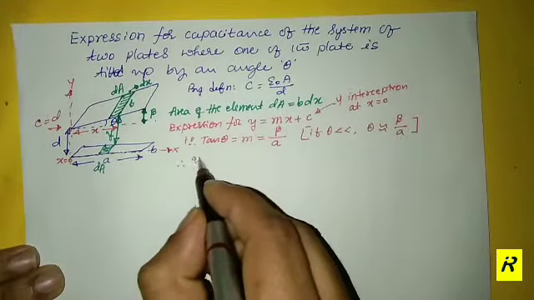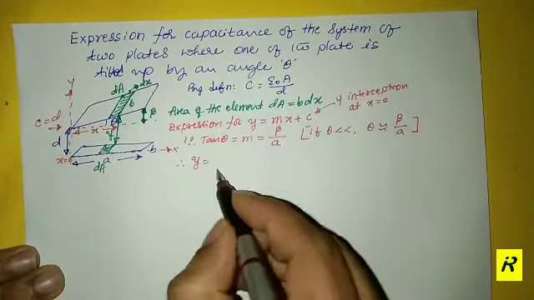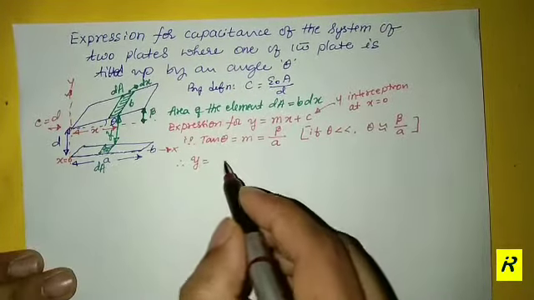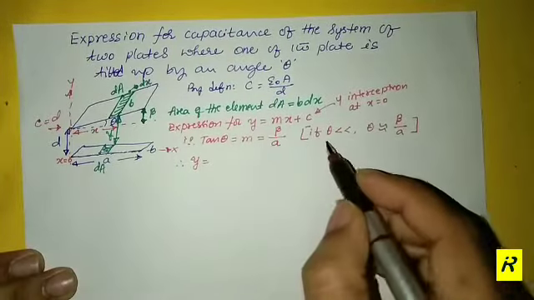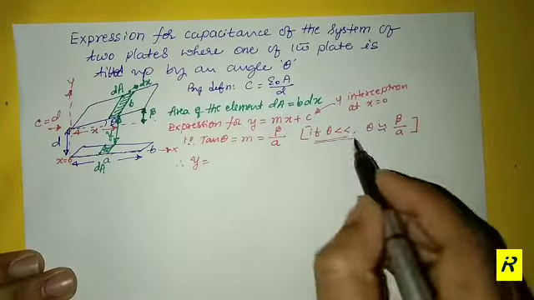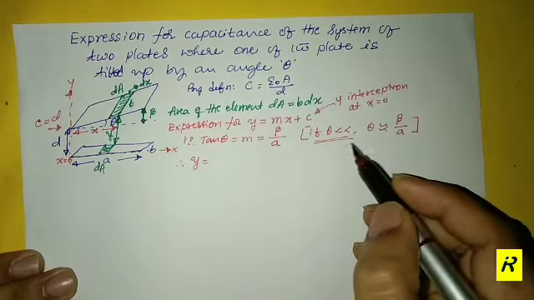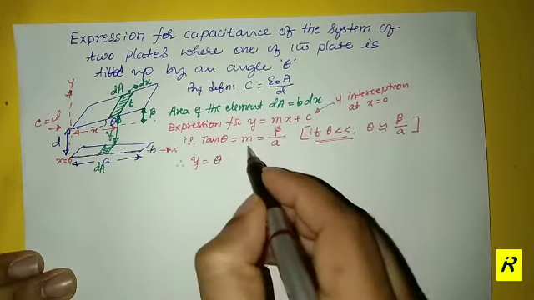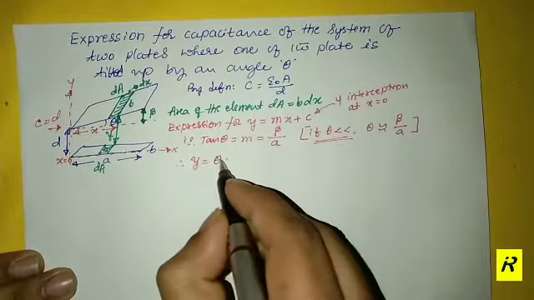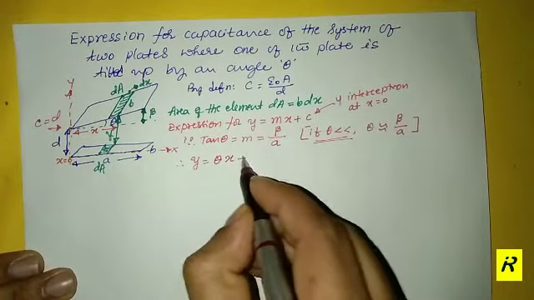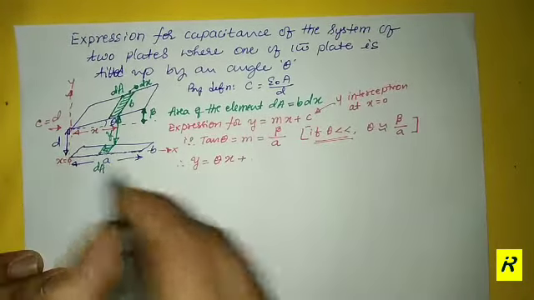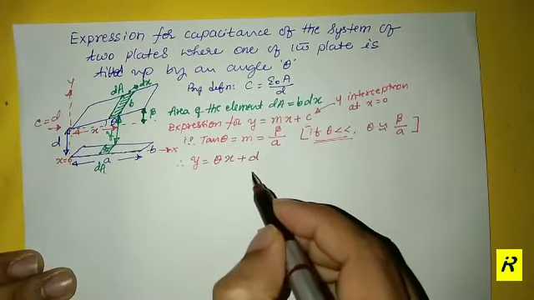Therefore, for y, m is simply beta divided by A, otherwise I can simply make use of theta if theta is very small. So y equals theta into x, let me keep that x as it is, plus c, which is D, the y intercept.